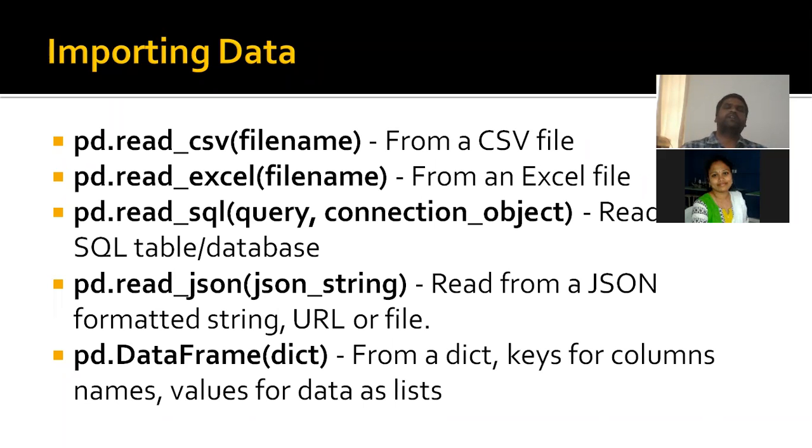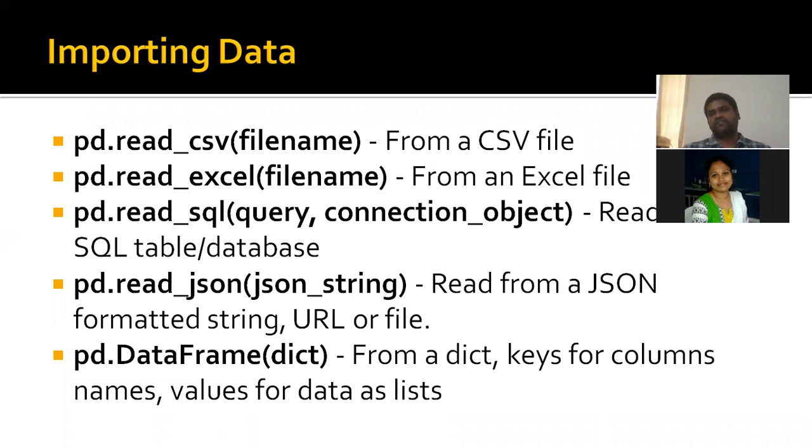And the next is, if you want to import a JSON file, that is JavaScript Object Notation, we can use it, and we can create a dictionary. A dictionary is a collection of items, each item consisting of a pair of values: one is a key, followed by a value, right? So the dictionary also can be converted into your data frame.